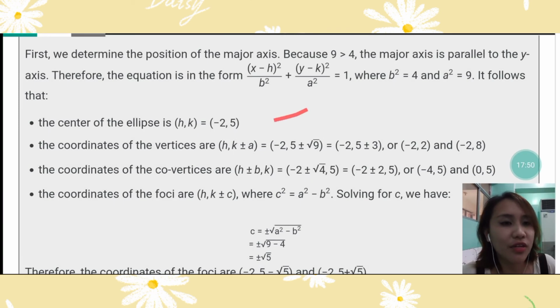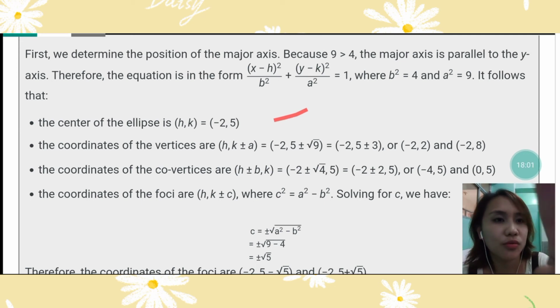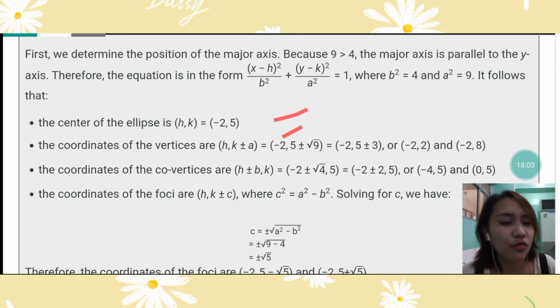Then the coordinates of the vertices are (h, k plus or minus a). Since h is negative 2, for k, which is 5, you simply add or subtract the square root of a squared.